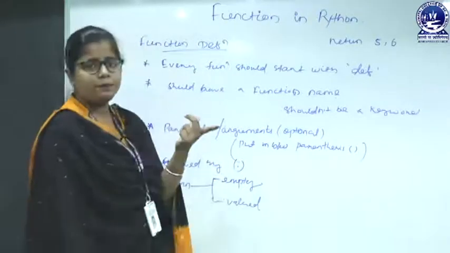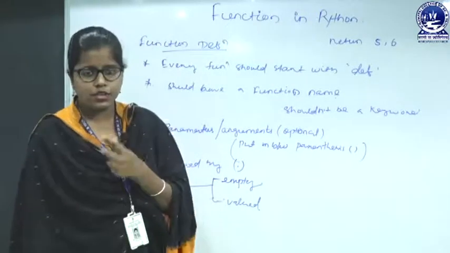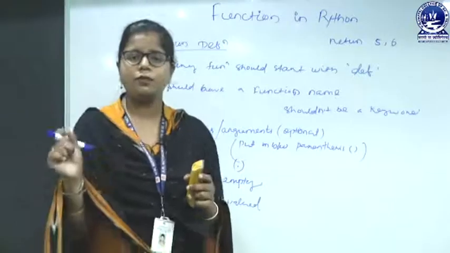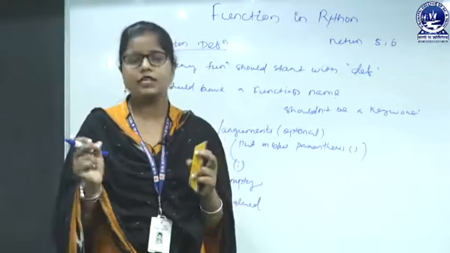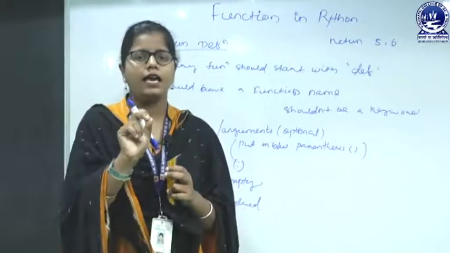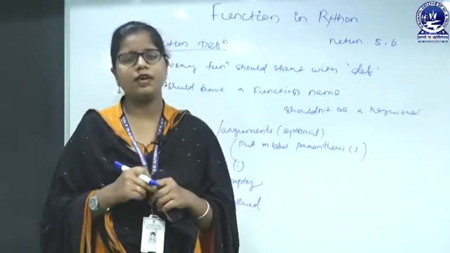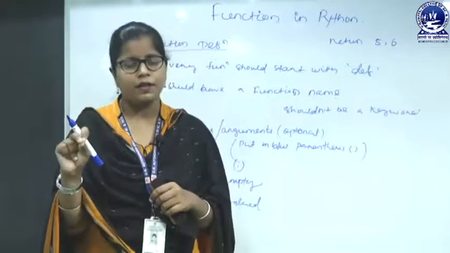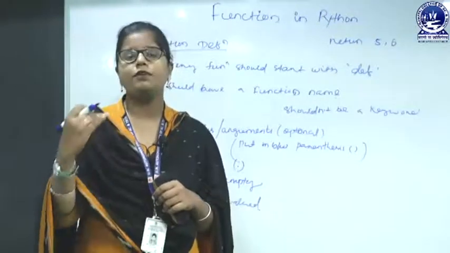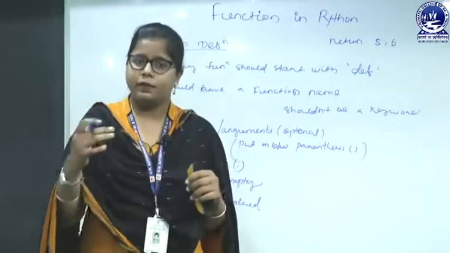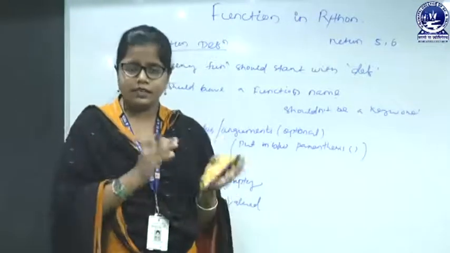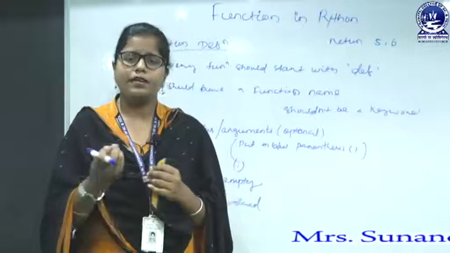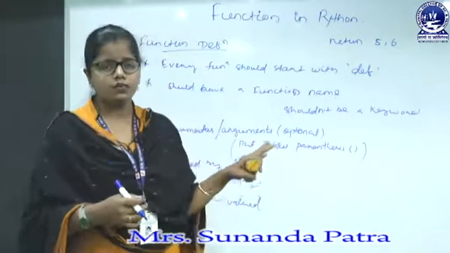Then after the def keyword, we have the function name, followed by parentheses, and within the parentheses the argument or parameter list will be there, followed by a colon, which means the indentation. And at the last line, we have to return some value; that may be an empty value, we may return some value, or we may return no values. So this is the function definition.